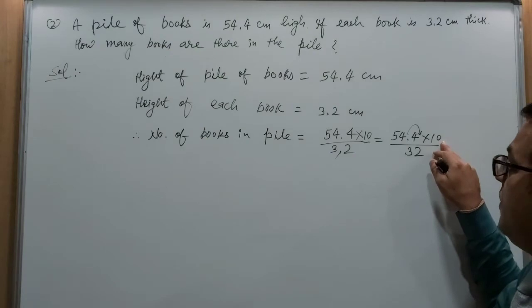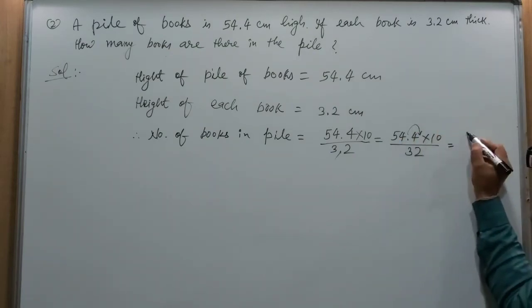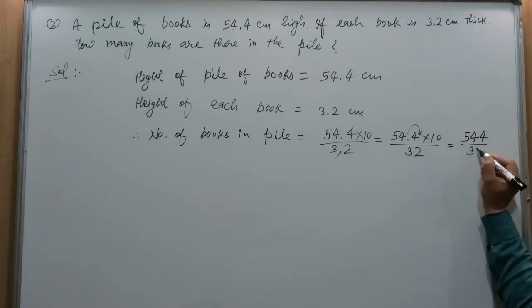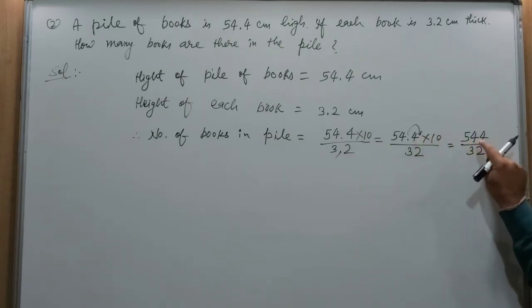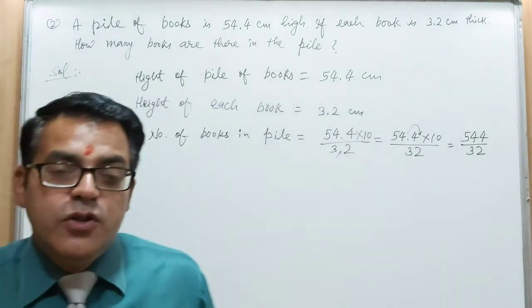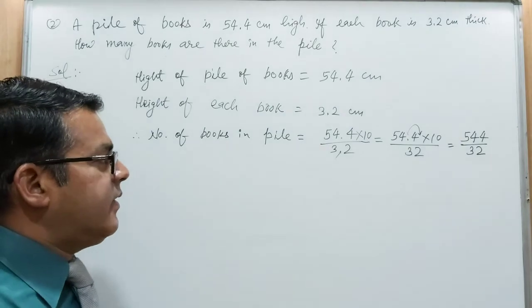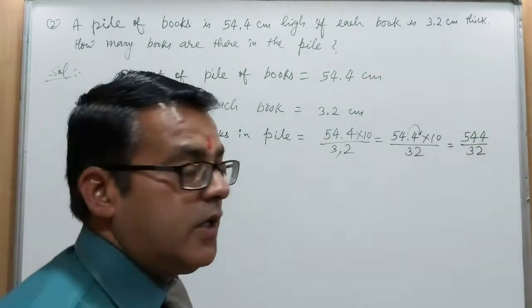It means we need to shift only one place to the right side. So after shifting it, what we have? We have here 544 upon 32. The point will go here, so we can write 544.0. But we know that if zeros are after the decimal point, it has the same meaning, it doesn't affect the value. So we can write it as 544 by 32.